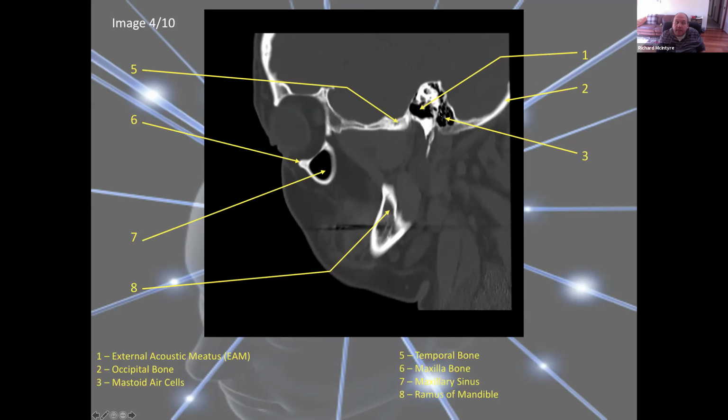Again, appreciate that we have the different presentations. We have the mastoid air cells, the IAC, the IAMs, auditory meatus, are cut sagittally, okay, and the temporal bone, but the mandible is sort of oblique because, of course, we know it goes at an oblique angle, okay.